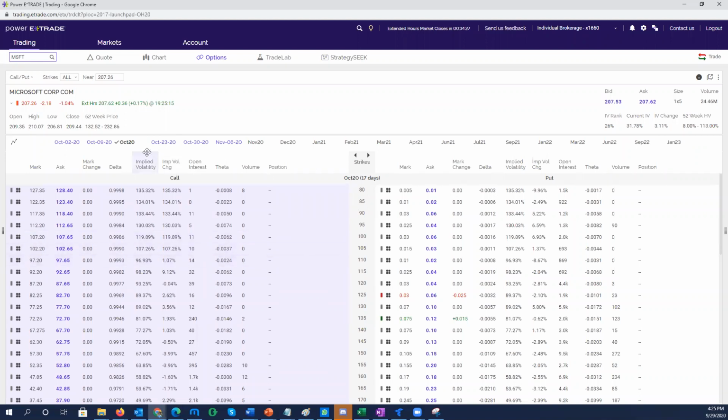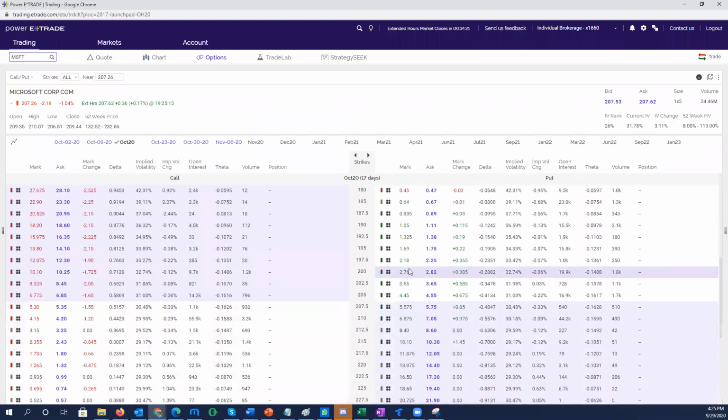For the October expiration, there are 17 days left. The colors mean in the money, because 207 is more than 205. For call options, as I said, when the stock goes up you buy the call option. 205 is less than the current price, so that's why this is in the money.